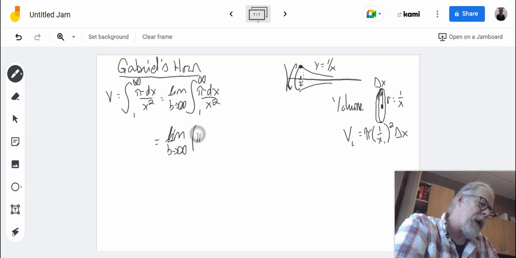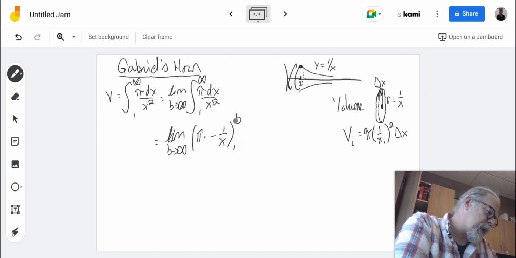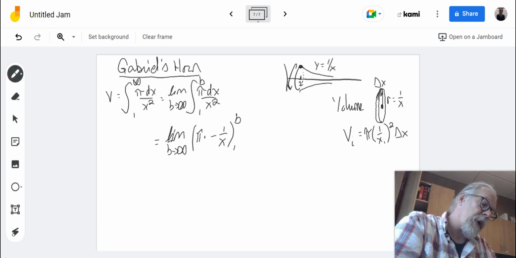Of pi times negative 1 over x from 1 to b. And I already slipped up there. That should be a b because we've switched to an improper integral. So we get the limit as b goes to infinity of minus pi over b plus pi over 1.